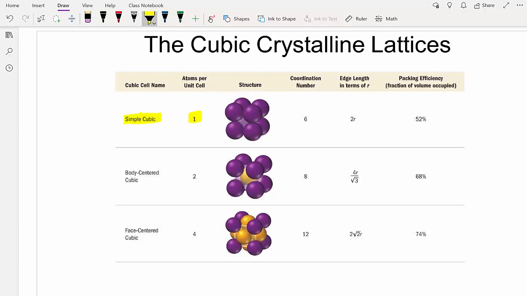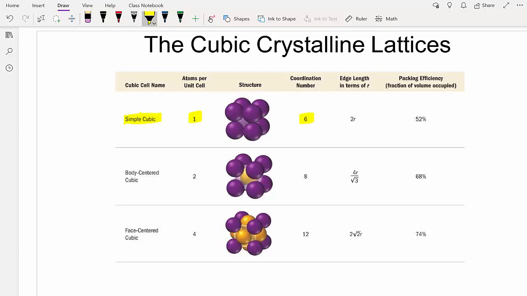And if you can look at the structure properly, you will see that the 8 atoms are only stacked in the 8 corners of a cube. The coordination number is 6, which means that each atom has 6 nearest neighboring atoms.